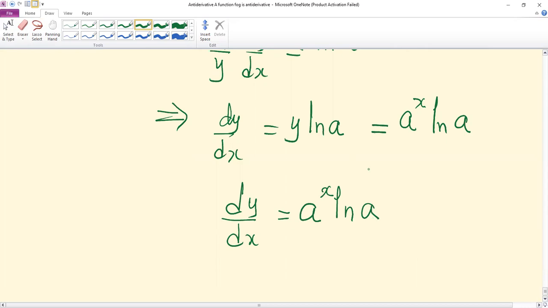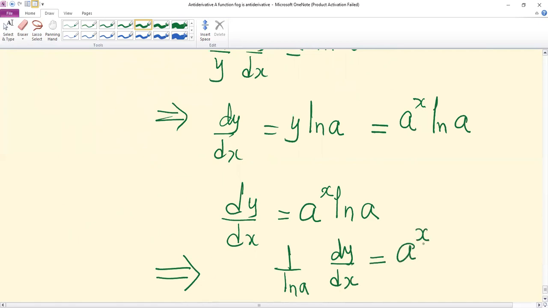So for us to have only a raised power x on the right hand side, we remove ln of a by dividing both sides. So we have 1 over ln of a dy dx, and then you get a raised power x.